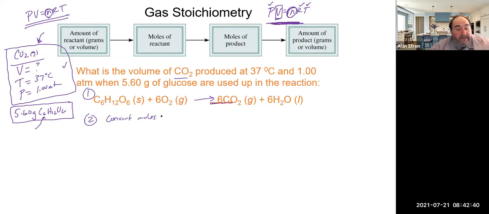And this part will be just like we've done in the past, since we are starting with grams here. So 5.6 grams of our C6H12O6. Obviously, to convert to moles there, we do need the molar mass of it. So that is 6 times 12.01 for the carbons, plus 12 times 1.008 for the hydrogen, and 6 times 16 for the oxygen.